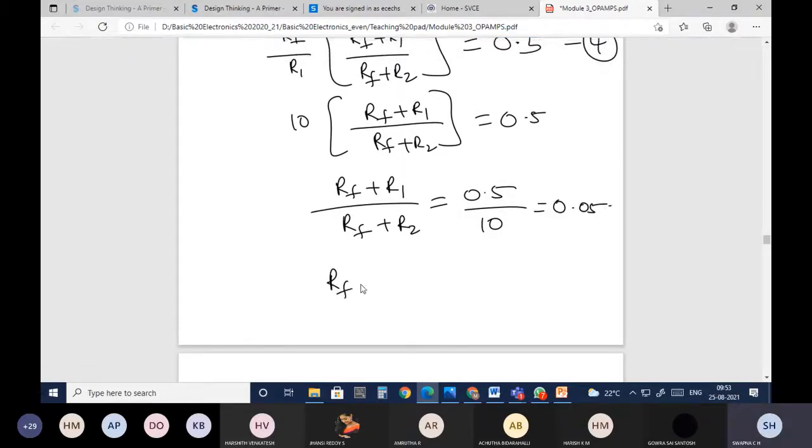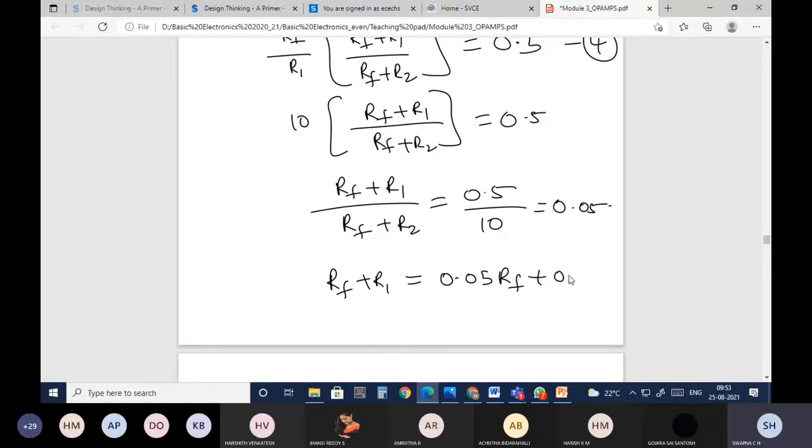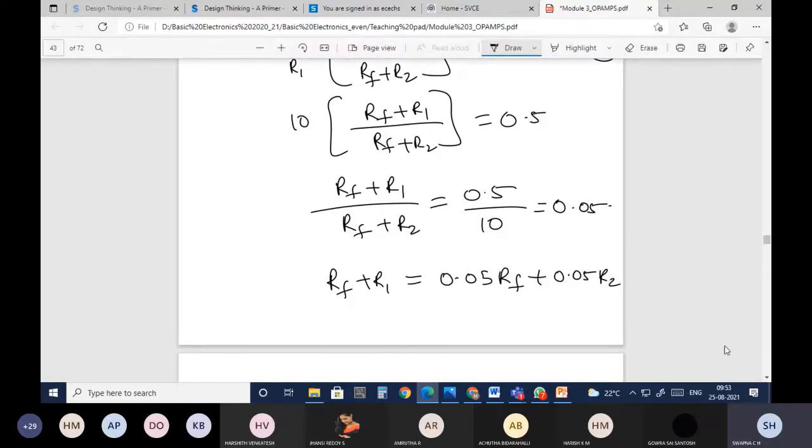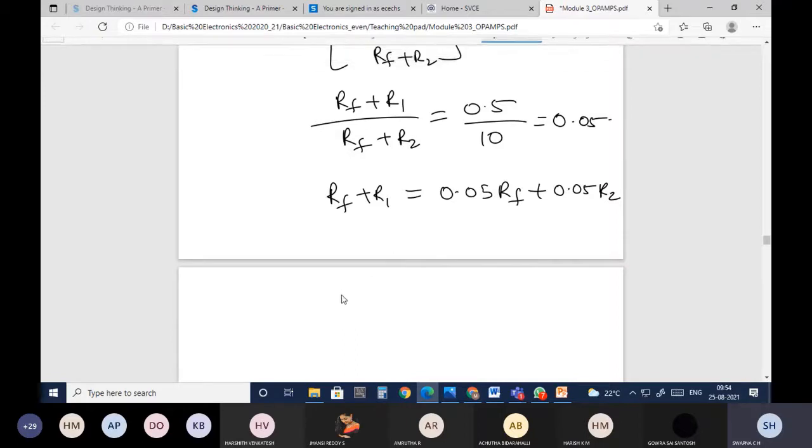So it will be equal to 0.05. So RF plus R1 is equal to, by cross multiplication, 0.05 into RF plus 0.05 into R2. Rearrange the terms. Take this RF to the other side.